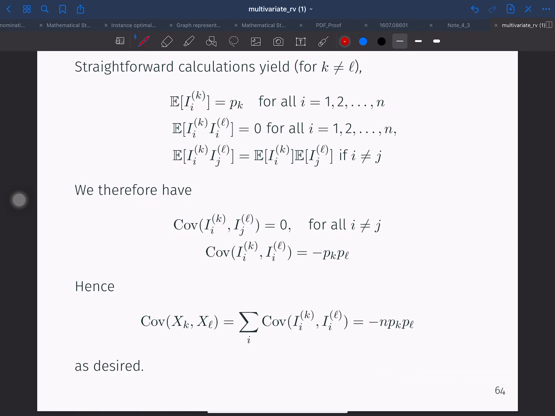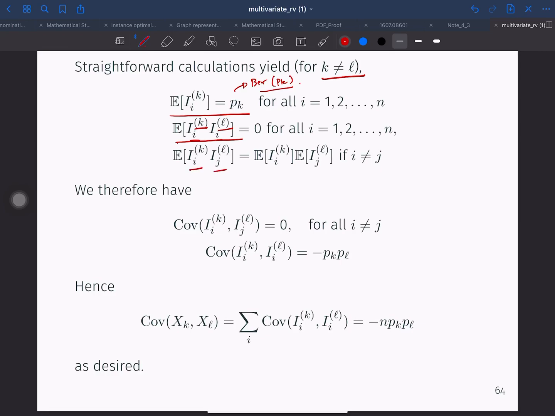The expected value of I_ik is pk, because this is nothing more than a Bernoulli with success probability little pk. Now if you have the same ith trial but different categories, then the expected value of the product has to be 0, because you cannot have both category k and category l for the ith trial if they're not the same category. So the expected value of I_ik times I_il is always going to be 0.